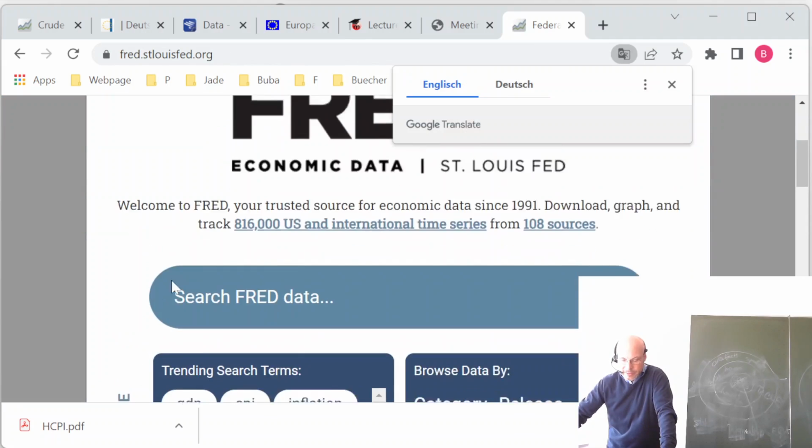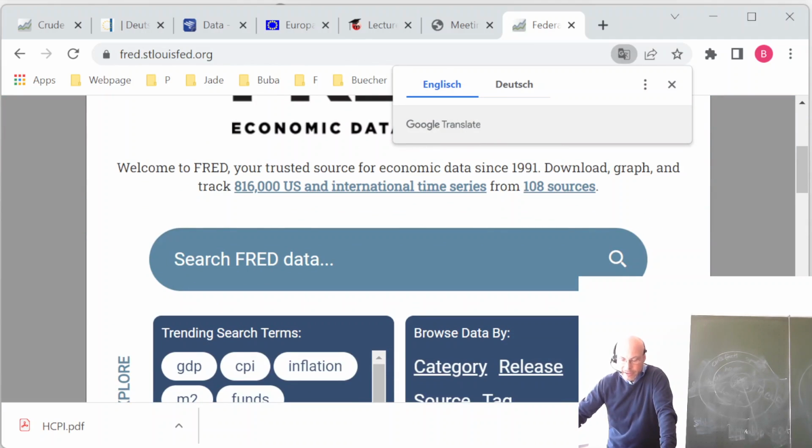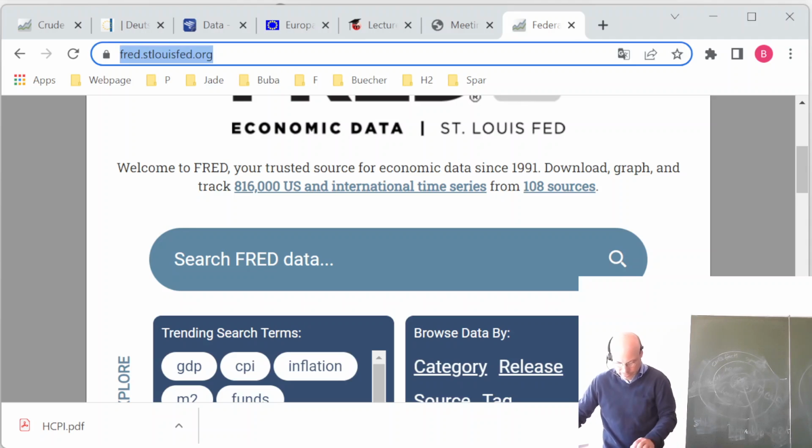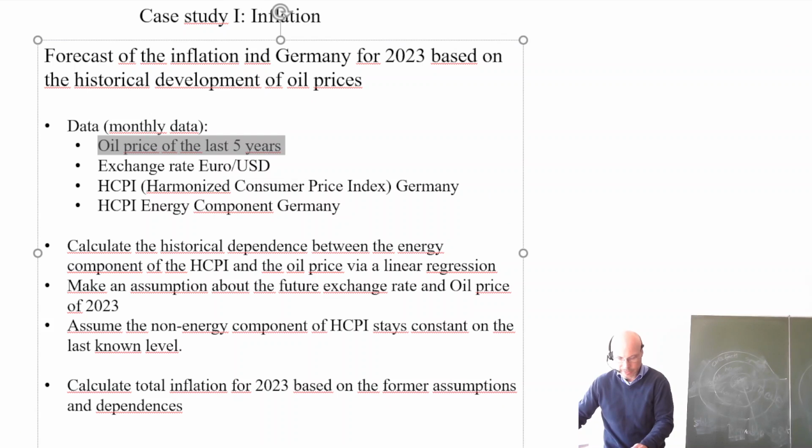This is where you can find many data series which you need in economics. So we just look for this. Let's take this also as a link here.